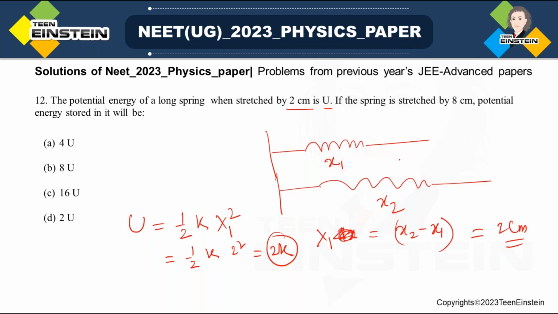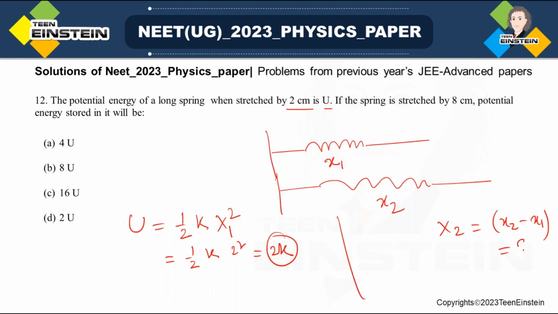Now the question is, if the spring is stretched by 8 centimeters, that means the change in length is X2 minus X1, equal to 8 centimeters. Then U will be half K into 8 square. The spring constant remains the same even though the spring is stretched.